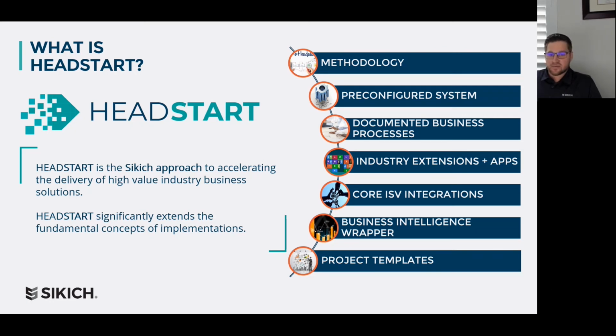On top of the methodology, the pre-configured systems, and the documented business processes, which have been audited by our CPA firm as well as by Microsoft, you have industry extensions and apps. Distributors and manufacturers have specific requirements that the ERP may not fully account for.